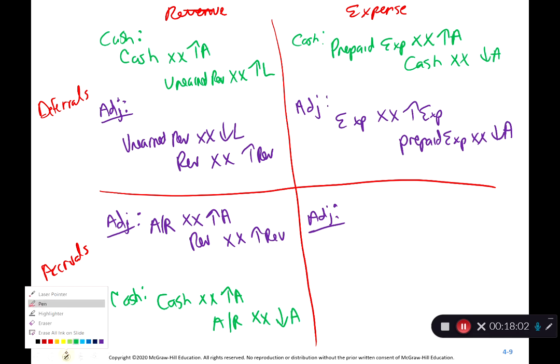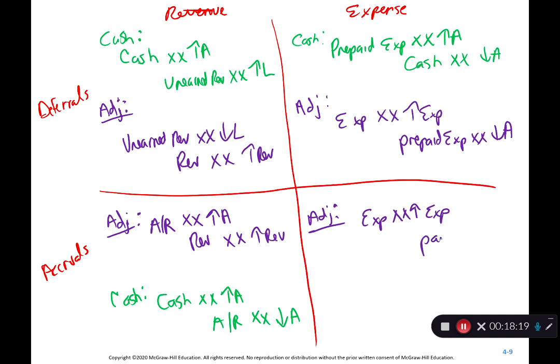With accrued expenses, it means I've used up an expense, but I haven't paid for it. So like with your utilities, you use up the electric, and then you get billed. So when you use it up, you've incurred an expense, so expenses go up with a debit, and then you haven't paid it yet, so you owe the money, and that would be a payable liability, which goes up with credits. Again, don't memorize debits and credits. Think up and down, and then use your conversion guide to figure out if it's a debit or a credit.